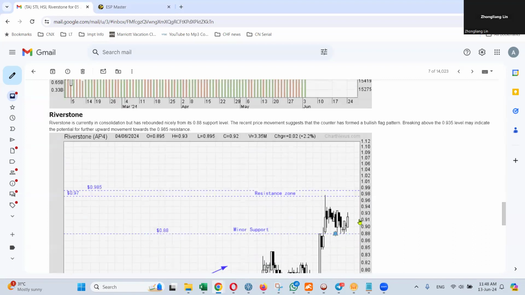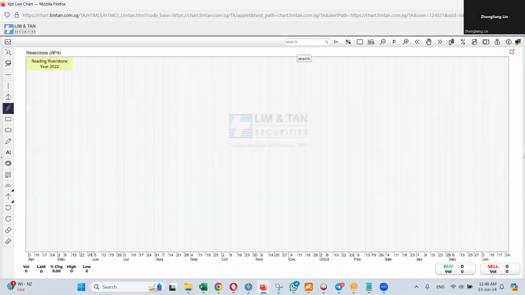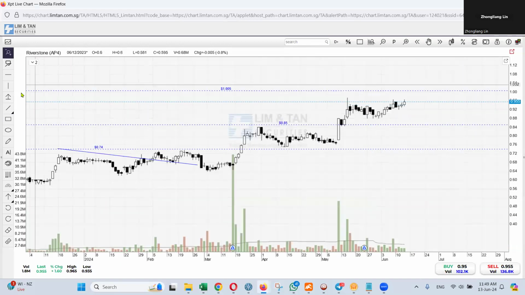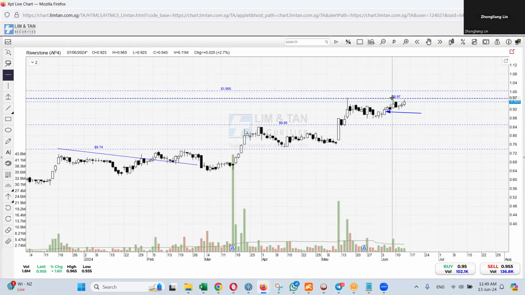Then Riverstone. I highlighted Riverstone over here, expecting a potential retest of 98 resistance. So let's look at Riverstone. You can see Riverstone highlighted here. If you are in position like me, let's hope that it can break out from this resistance at about 9.75 to about $1.